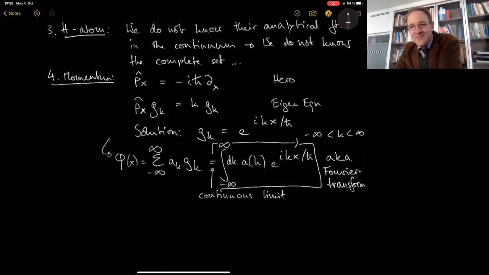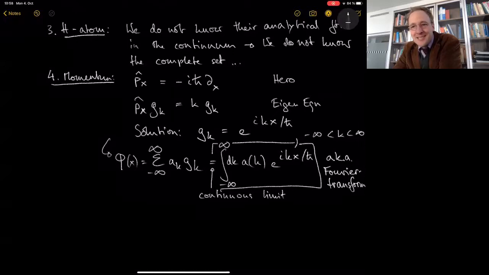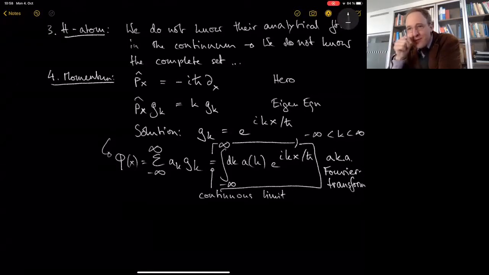So what NMR does is expand things in the eigenfunctions of the quantum momentum operator. Didn't you know?